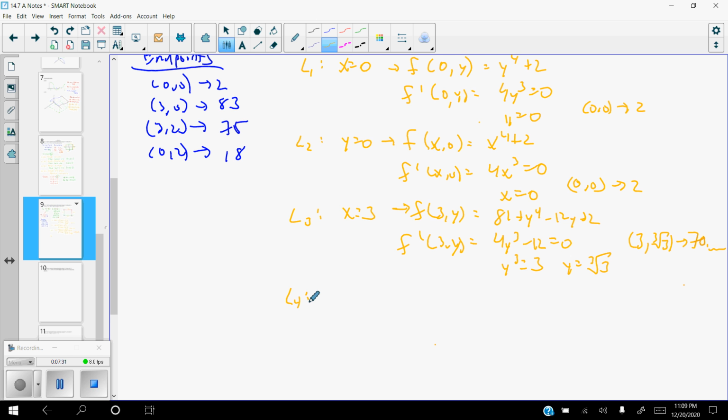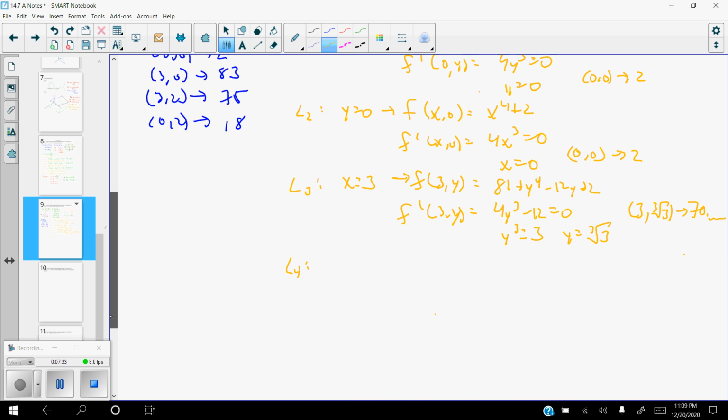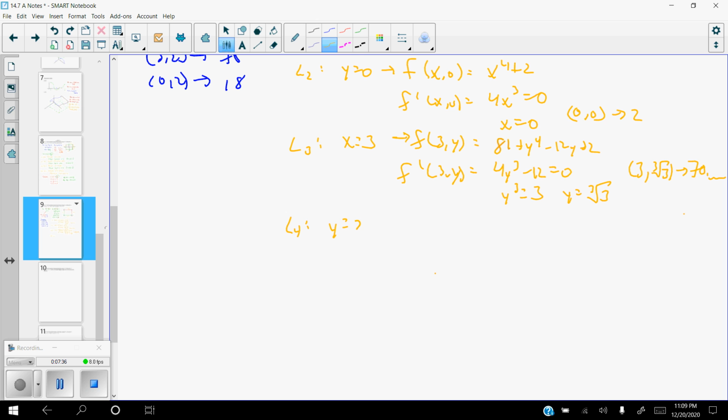And then L4 is going to be along the equation y equals 2. So that would be (x, 2), which plugging that one back in actually gives you x to the fourth plus 16 minus 8x plus 2. So taking the derivative of that one is going to be 4x cubed minus 8 equals 0.